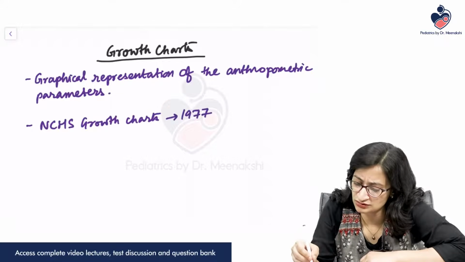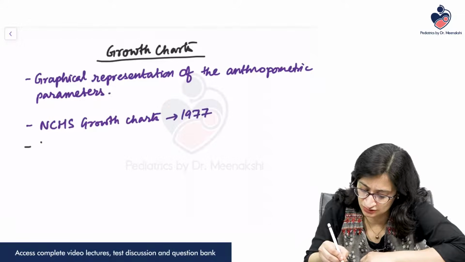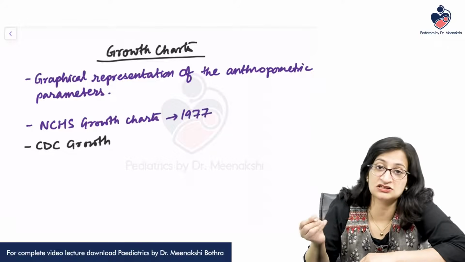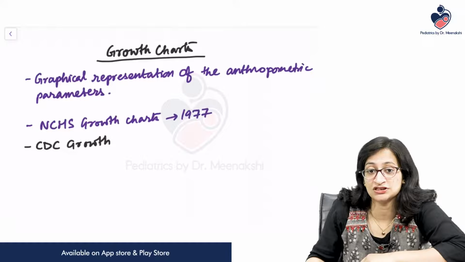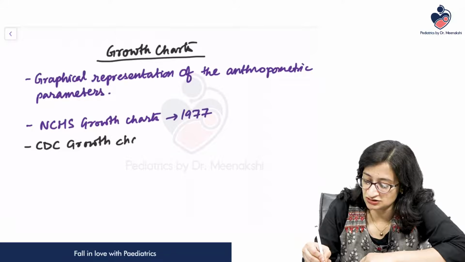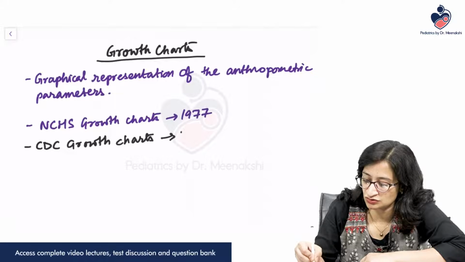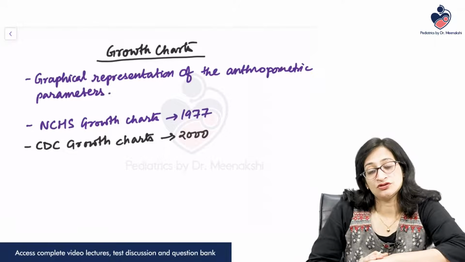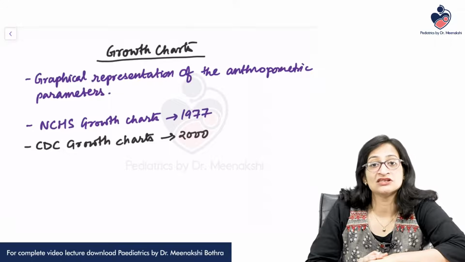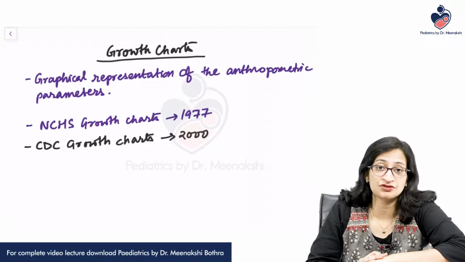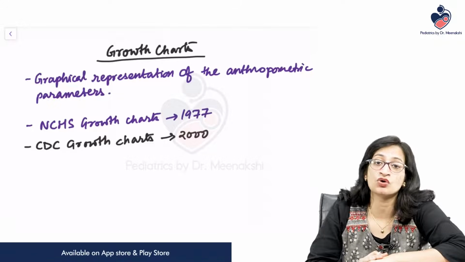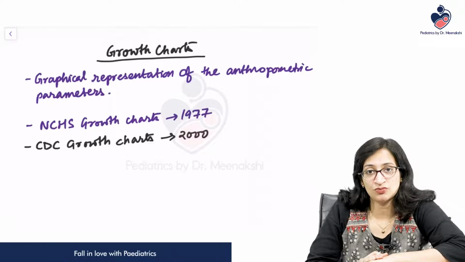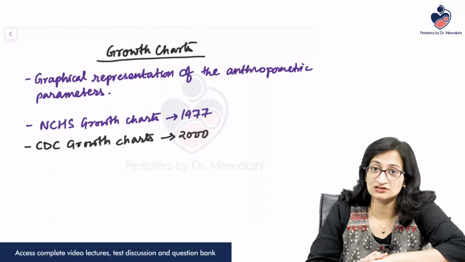Another important one was the CDC growth charts, Center for Disease Control and Prevention. We all know CDC, right? The CDC growth charts came in the year 2000. But the most important growth charts, which are used till date and which are the preferred growth chart for under 5 children all over the world, are the WHO growth charts. They are very, very important and we need to know some more details about them.